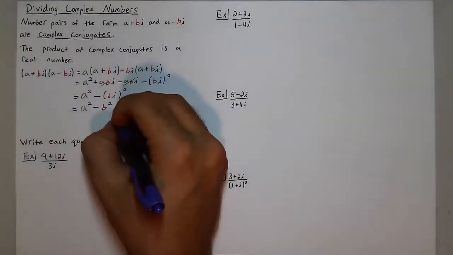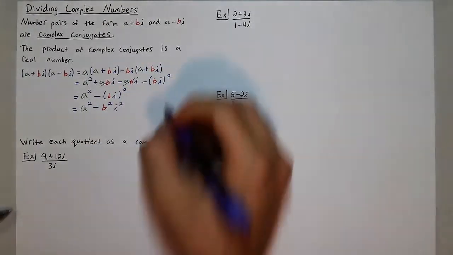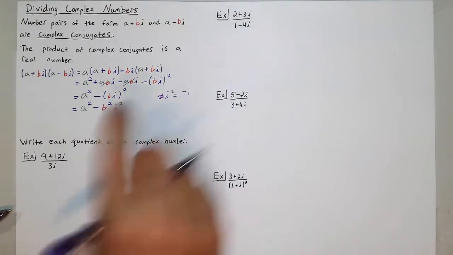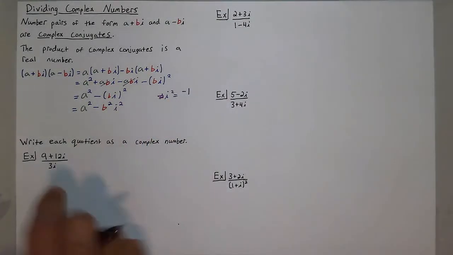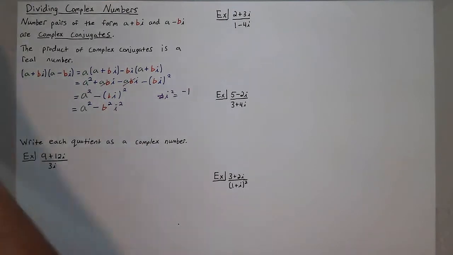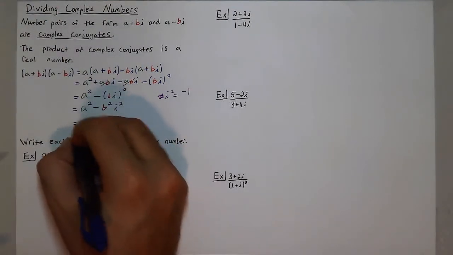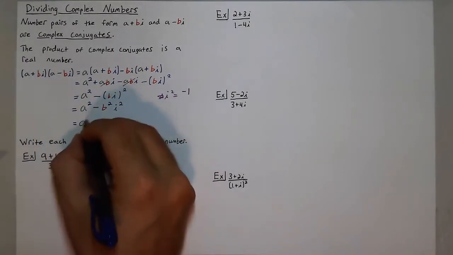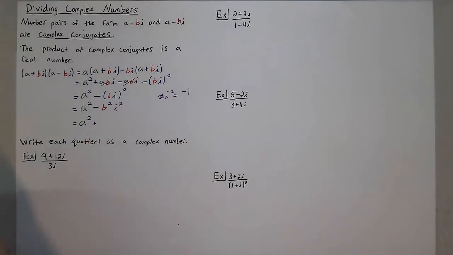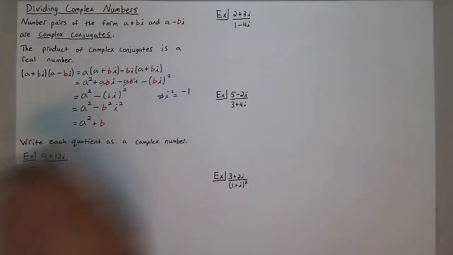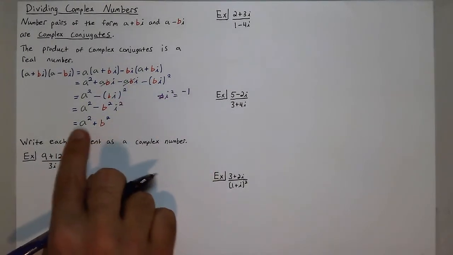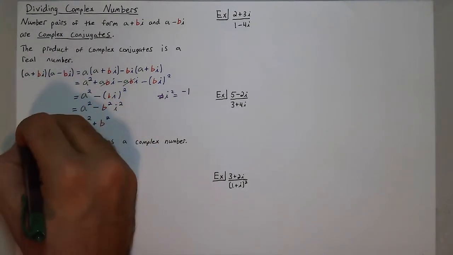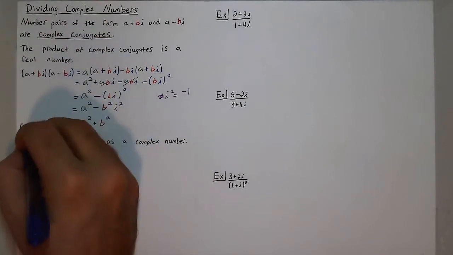Now i squared is equal to negative 1. So instead of minus b squared, it becomes plus b squared because that's times negative 1. So we end up getting a squared plus b squared, which has no i in sight. Meaning when I multiply by a complex conjugate, I'll end up having no imaginary number whatsoever.